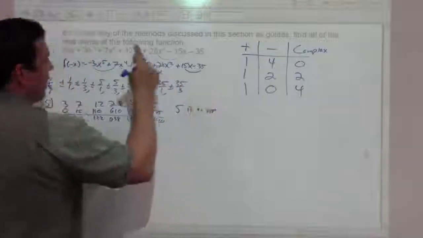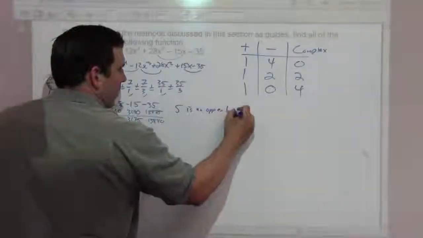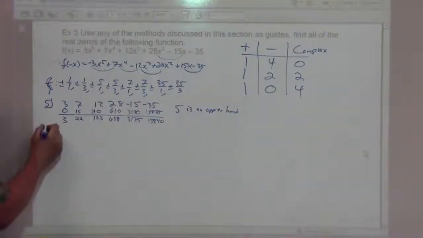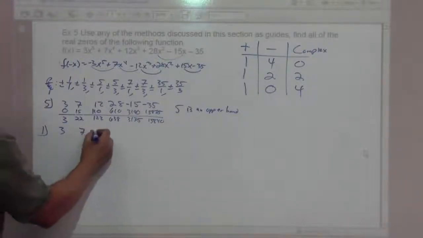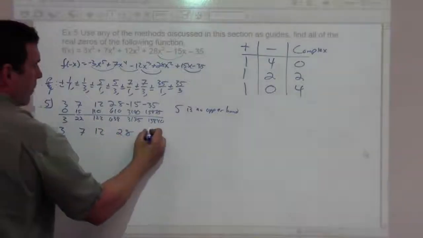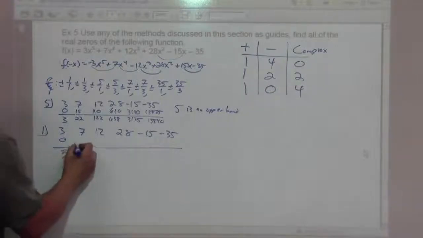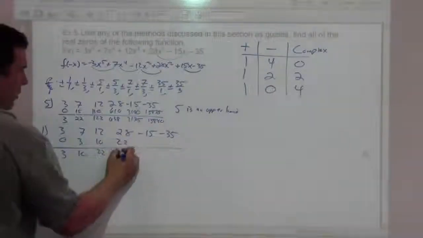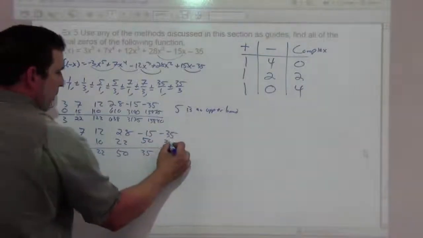I'm not going to try a 7 or 35 or 35 thirds. Okay, erase this. Let's go to something smaller like 1. It's going to be 3, 10, 22, 50, 35, 0.